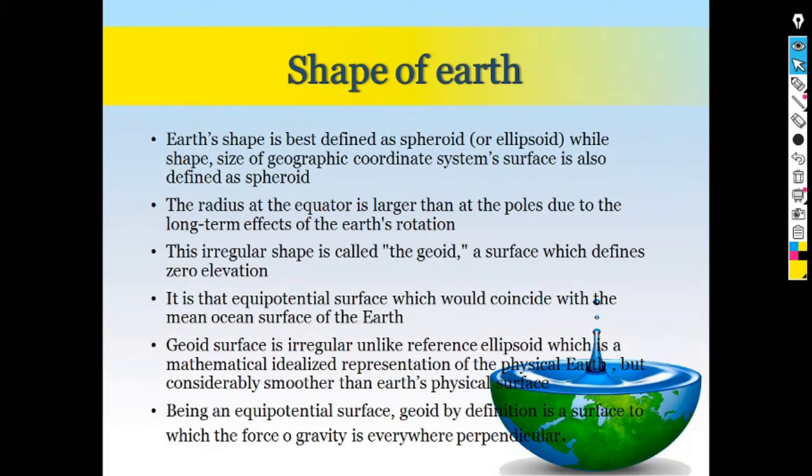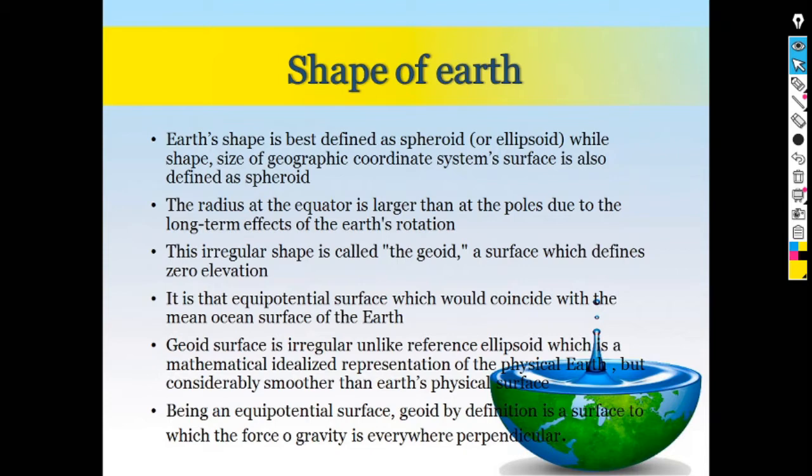This irregular shape is called the geoid, a surface which defines zero elevation. This is that equipotential surface which would coincide with the mean ocean surface of the earth.